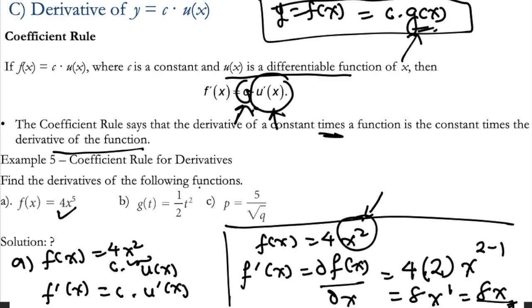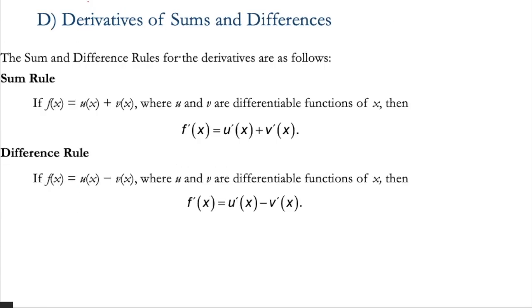So that's it. Okay, so this is example A. Similarly, with the other two examples, I want you to try them yourself. Now let's move to the next rules, the derivatives of sums and differences. The sum and difference rules for derivatives are as follows.